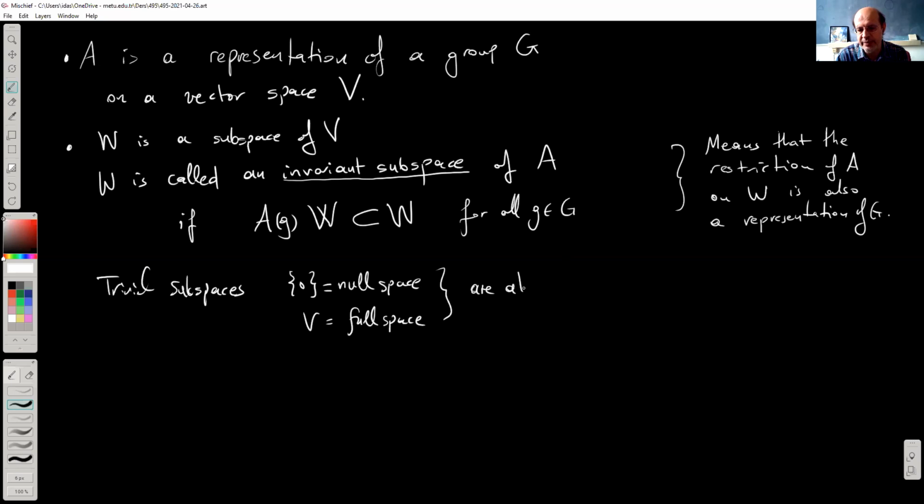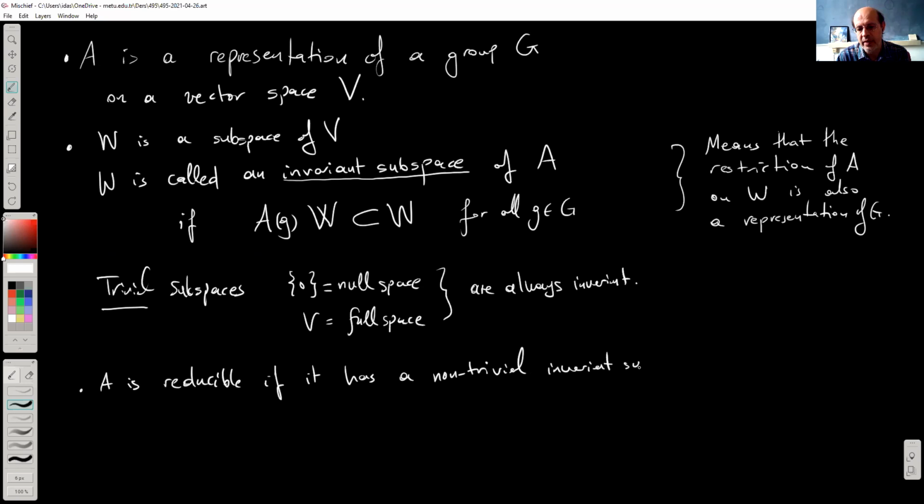And we are going to ask the question whether there can be some non-trivial subspaces. So let me also say it like this: A is, we say, reducible if it has a non-trivial invariant subspace. It has an invariant subspace other than these two.